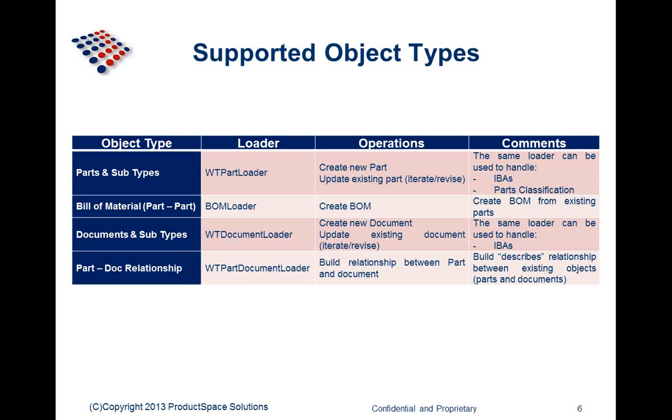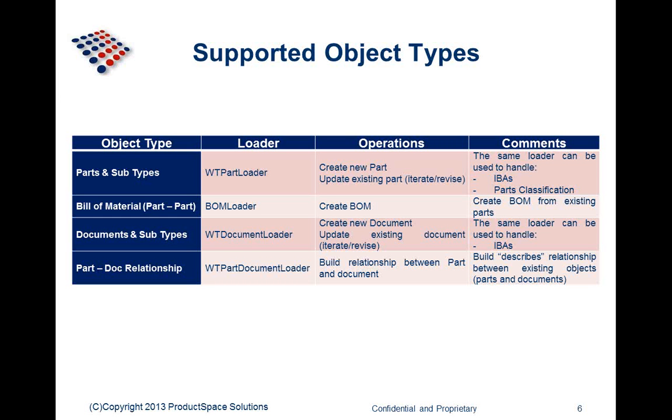As far as parts are concerned, the application allows creating new parts, and it also allows updating the existing parts in the system. It also handles the instance-based attributes, and it can also be used to migrate part classification information. As far as bill of material is concerned, the application is capable of creating bill of material from the parts that are already present in the Windchill system.